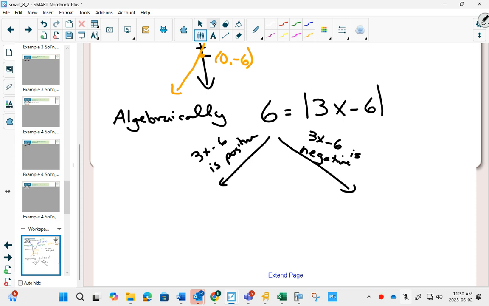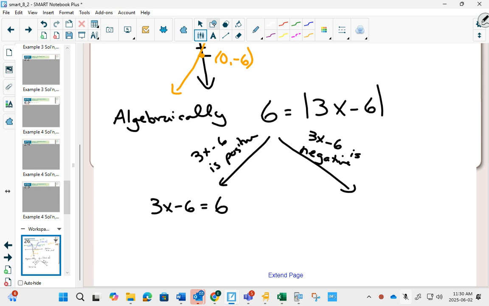Because those are 2 possibilities. Does it make sense that this 3x minus 6 could be positive 6? If it is positive 6, it would just look like that.